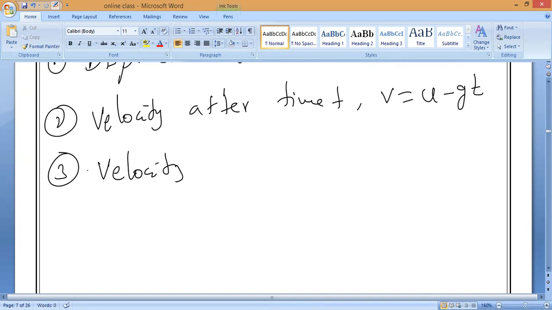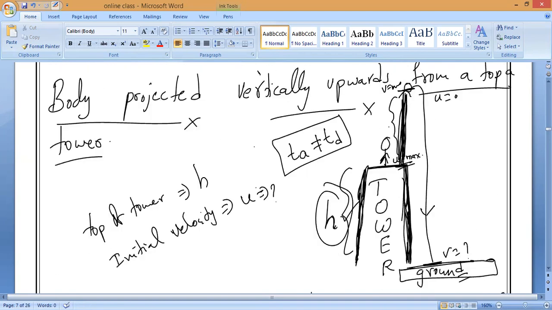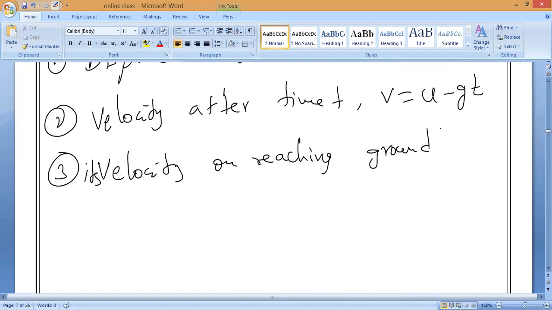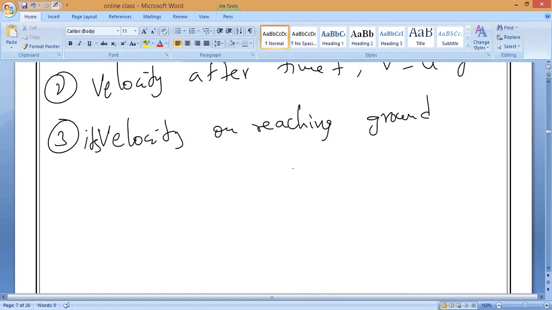So directly we can use the formula: v is equal to root of u square plus 2gh. That is the formula, root of u square plus 2gh.